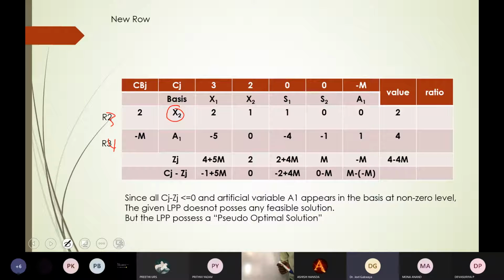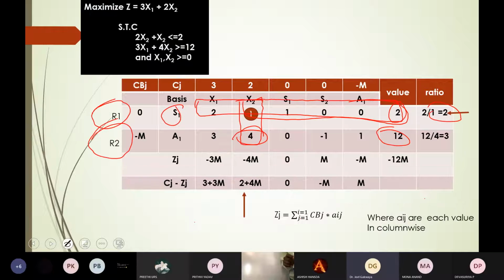So for x1, how did we find it? Let's see how the 2 has been found. For the new entering row, this was R3, same as what we have seen.